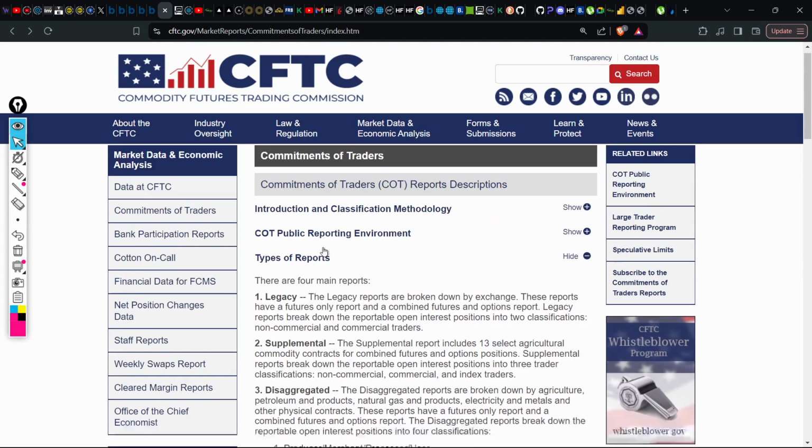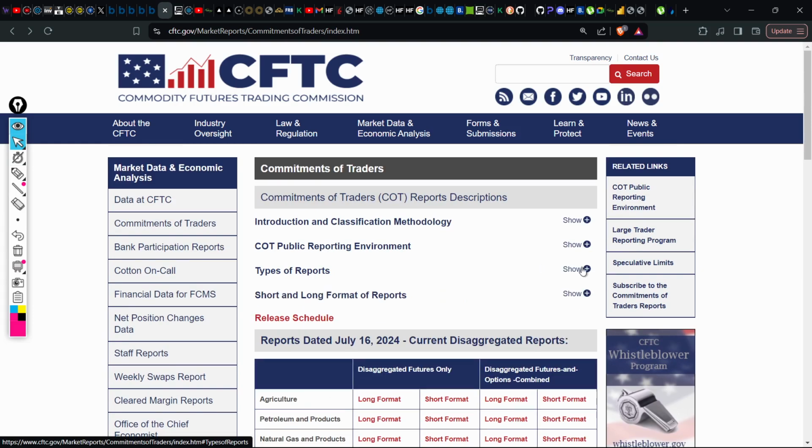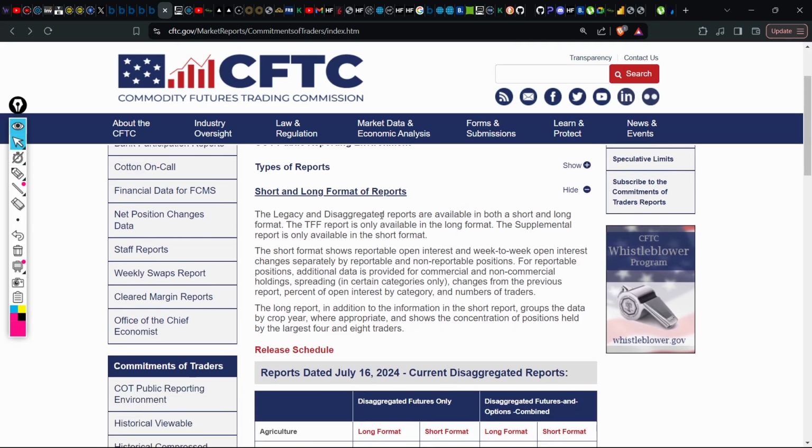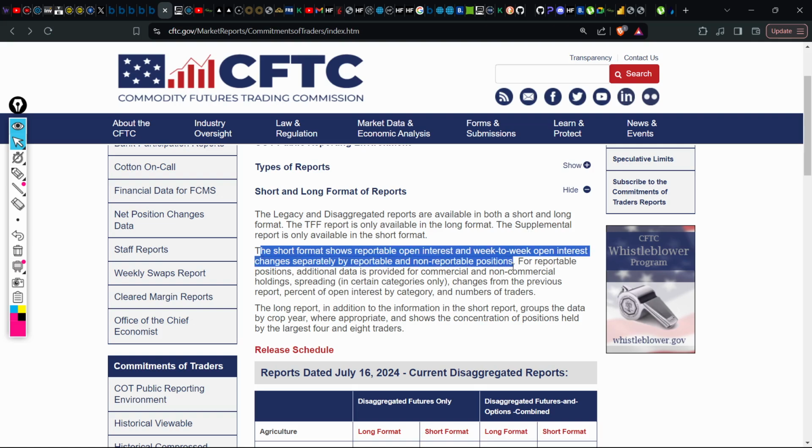All right, so now that we are done with the definitions, you can go to the formats: short and long formats of reports. Legacy and disaggregated reports are available in both long and short format. The TFF report is only available in the long format. The supplementary report is only available in the short format. The short format shows reportable open interest and week-to-week open interest changes separately by reportable and non-reportable positions.